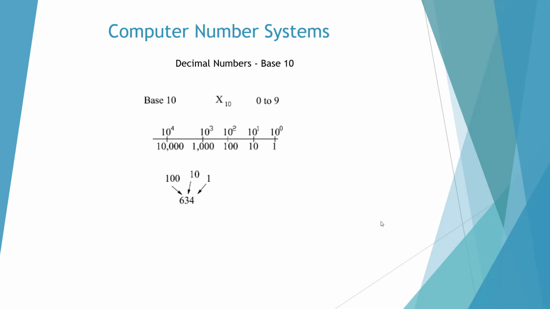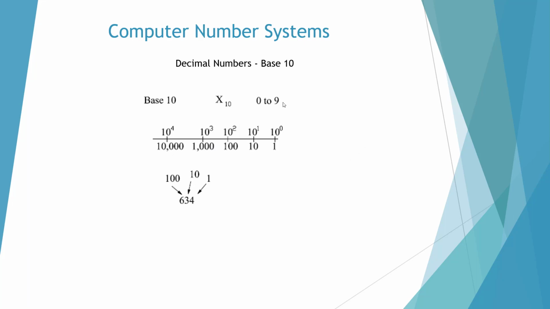Here we show our decimal numbers, base 10, the ones that we use every day. We could count from 0 to 9. We have only those digits. So we would start off with 1 and then go to 9, and then we'd go to tens, we'd add another digit. 100, we'd add another digit, and 1,000 another digit.